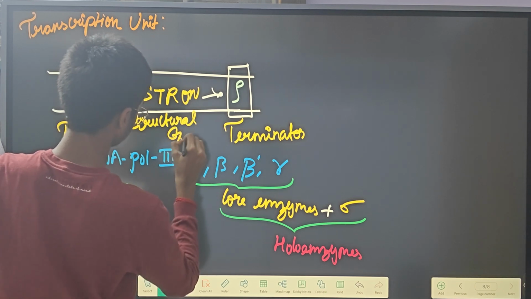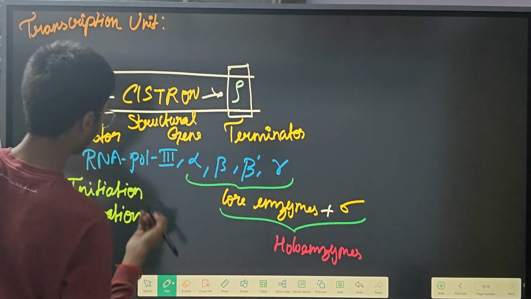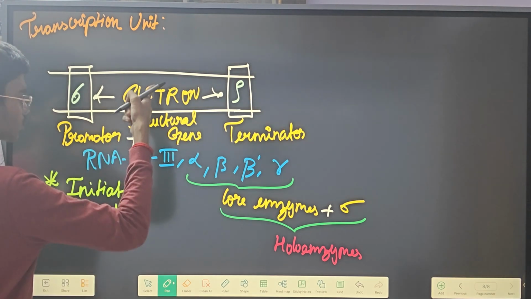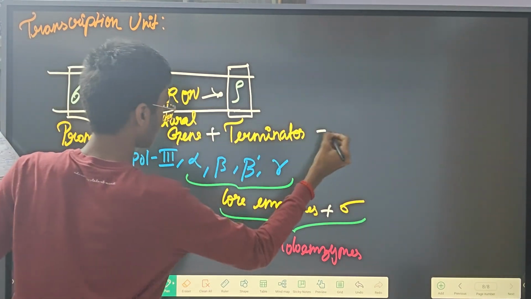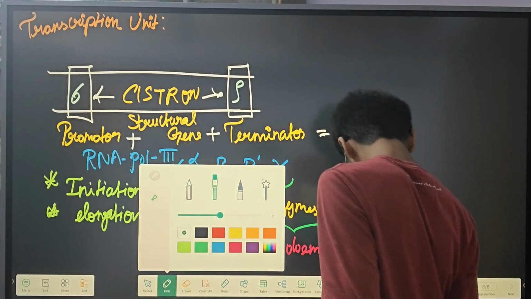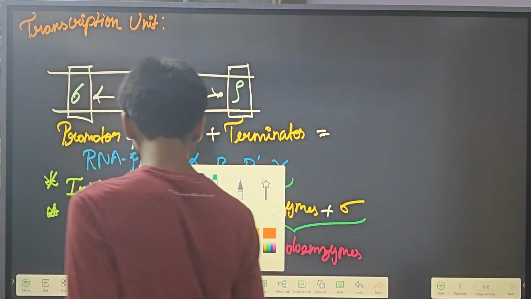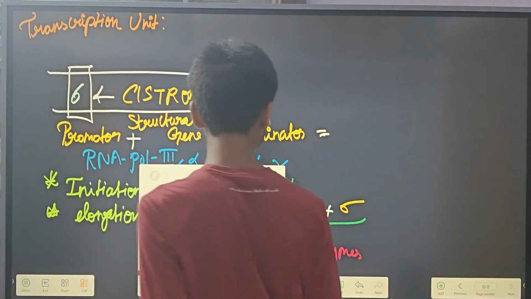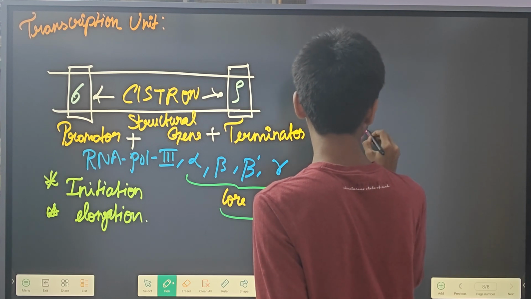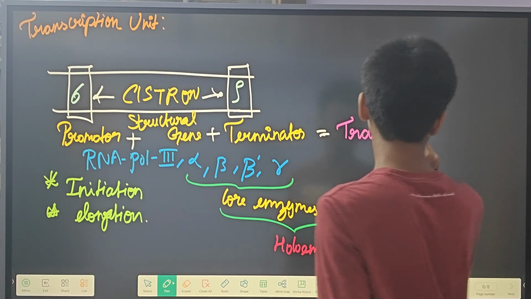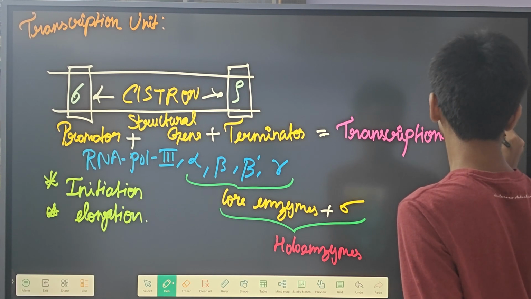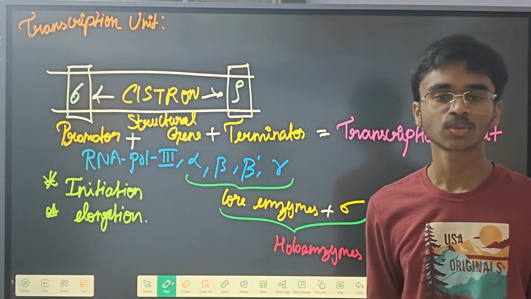When you add the promoter, the cistron or structural gene, and the terminator, it gives you the transcriptional unit.